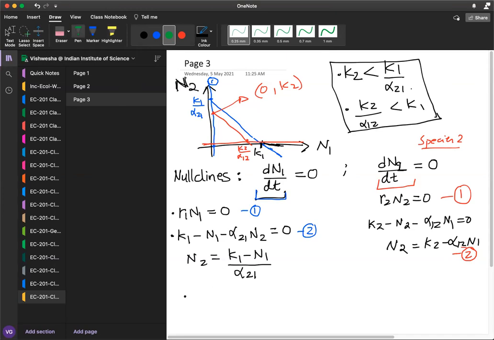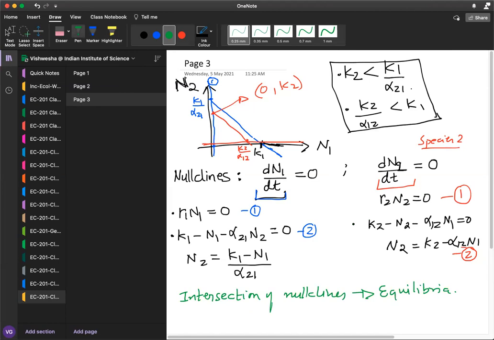The intersection of null lines gives us equilibrium, except that we have to look for intersections of the null line of species 1 with that of species 2.